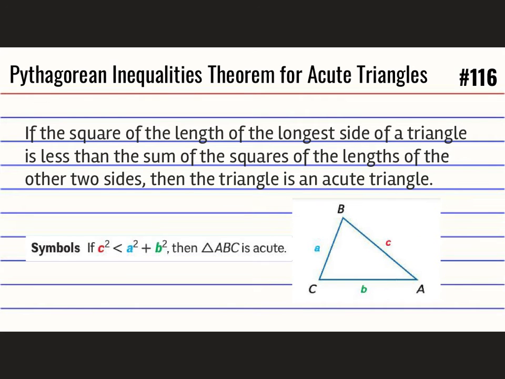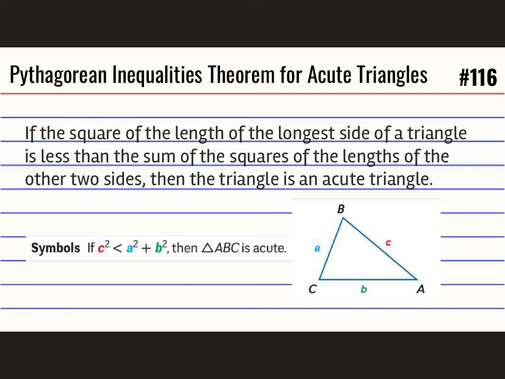So your card number 16 is the Pythagorean inequalities theorem for acute triangles. If the square of the length of the longest side of a triangle is less than the sum of the squares of the lengths of the other sides, then the triangle is acute. So if a squared plus b squared is greater than c squared, then it's acute.